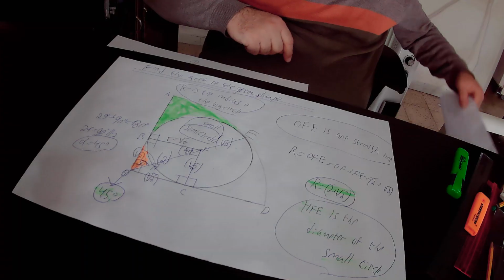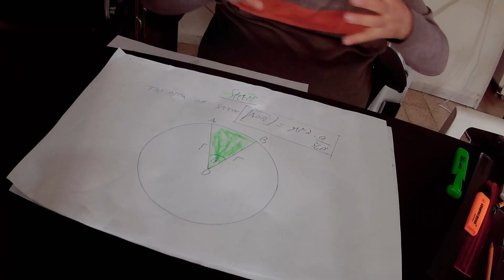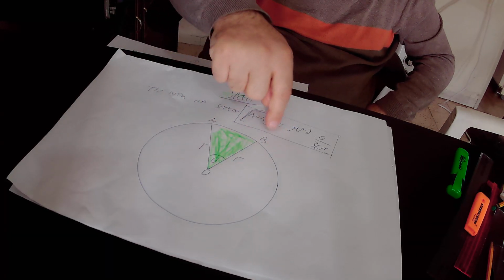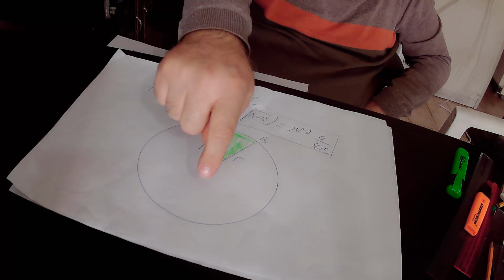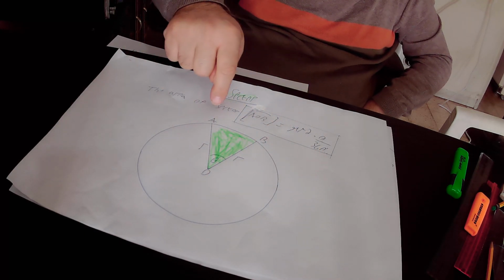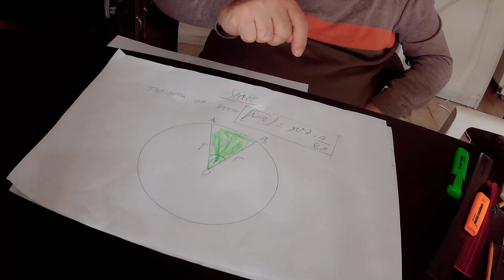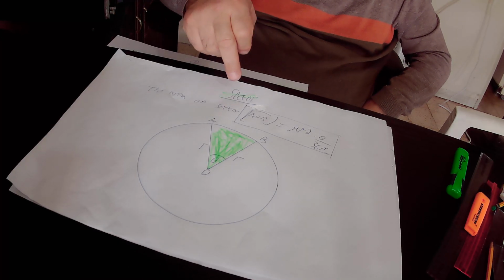Then I presented to you the notion of a sector. What is a sector? A sector is part of a circle. This is a circle, and the green shape AOB is a sector. If we look at this circle as a cake, then AOB is one slice of this cake. So a sector is like a slice of a cake.